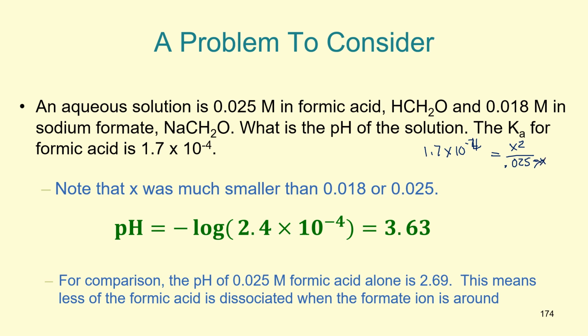So we could have solved that one. Multiply both sides by 0.025, take the square root, and you would find that the pH is 2.69. So in fact, we did see that equilibrium shifted to the left and our pH has gone up because of the common ion.